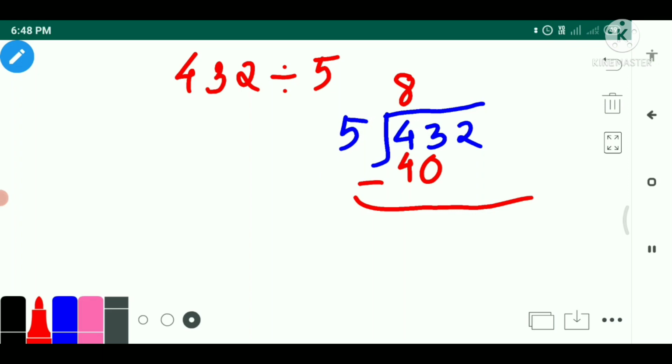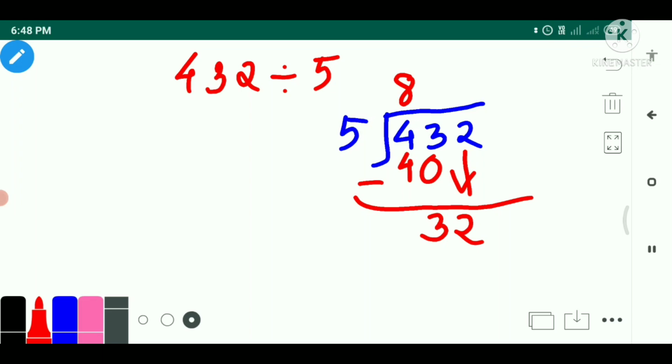Now we'll do subtraction. So after subtracting we'll get 3. Now one value will come down, that is 2. So we'll write 2. Now 32 is there. So in the multiplication table of 5, 32 is there or not? So it is not there, right? So the number that is smaller than 32 in the multiplication table of 5 is 30, right?